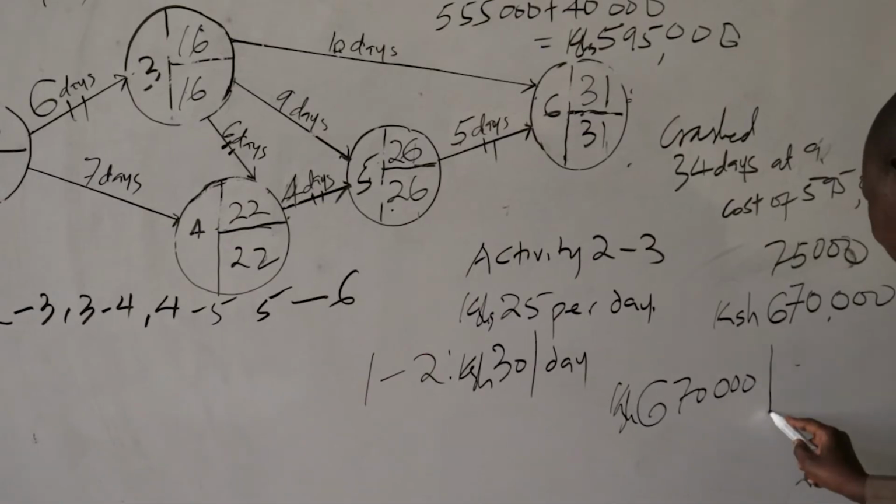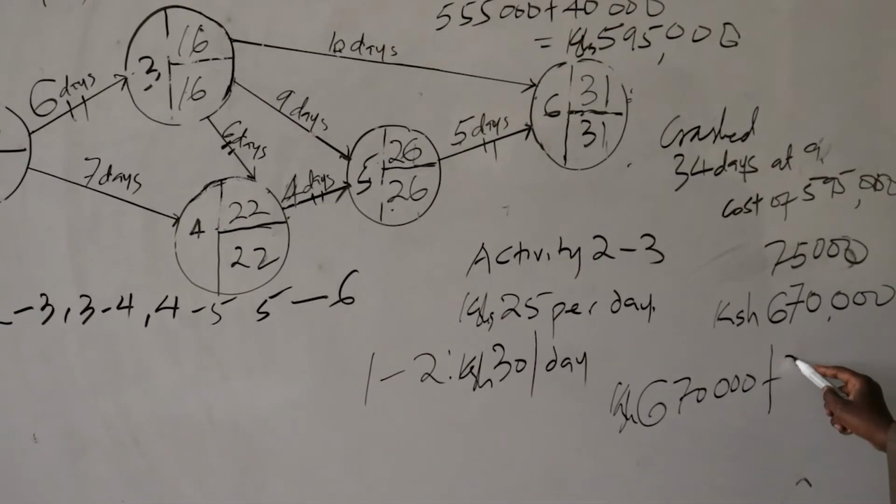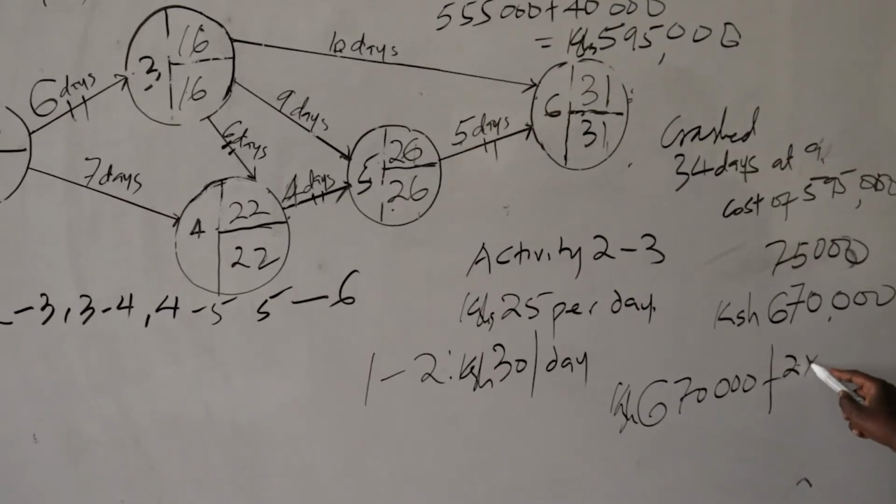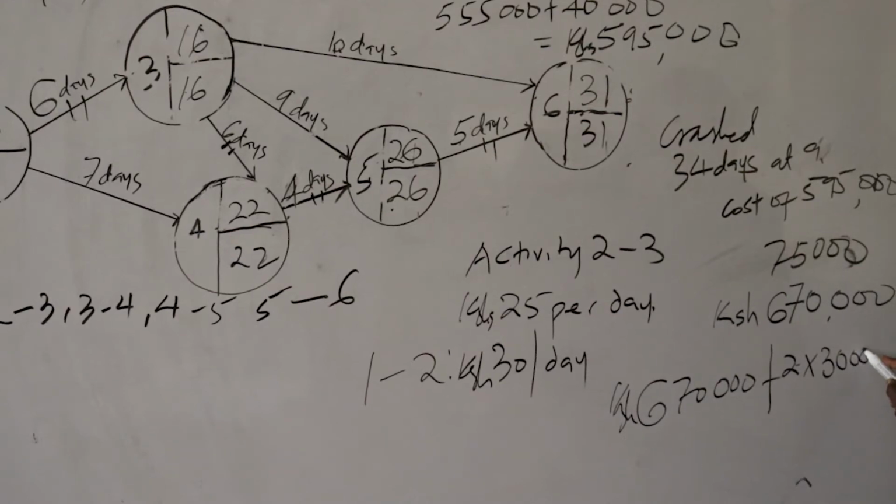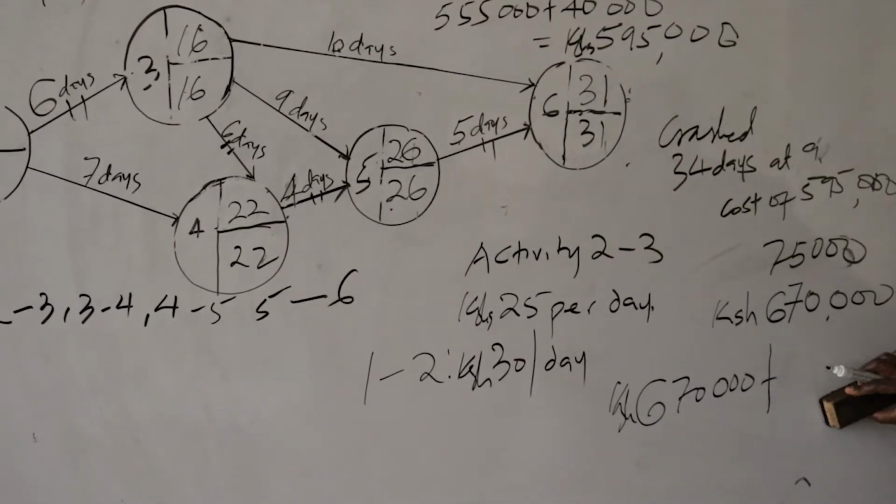The total cost is 670,000 plus 2 days which are available for crushing times 30,000 Kenya shillings per day, which is 2 times 30, that is 60,000.